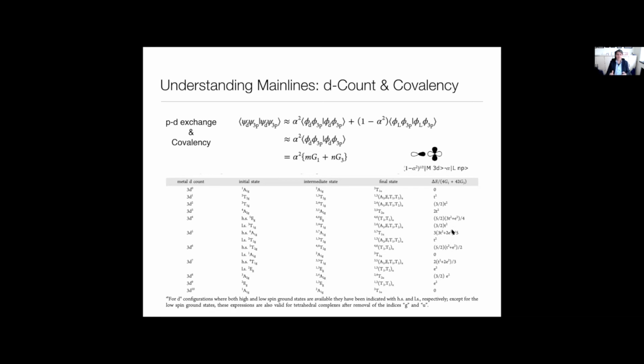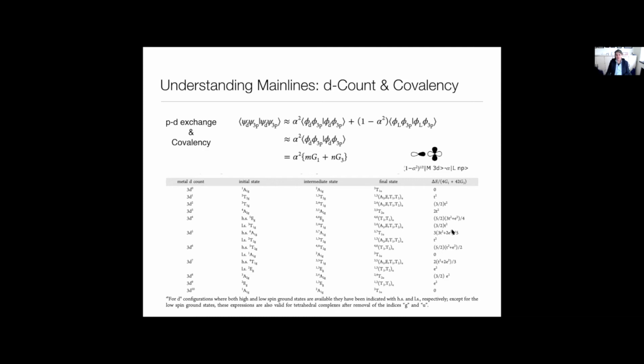Because covalency is anisotropic. If you have an octahedral complex, you will all know that there are metal t2g and metal eg orbitals, and they interact differently with the ligands. The eg orbitals, being sigma antibonding, are typically more strongly diluted than the t2g orbitals, which are involved in pi interactions.